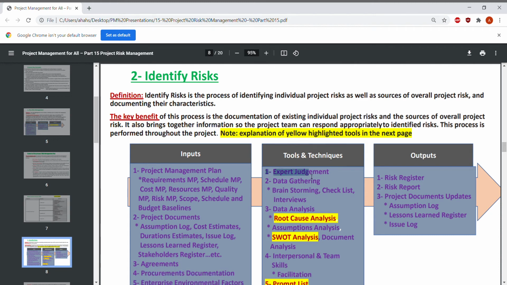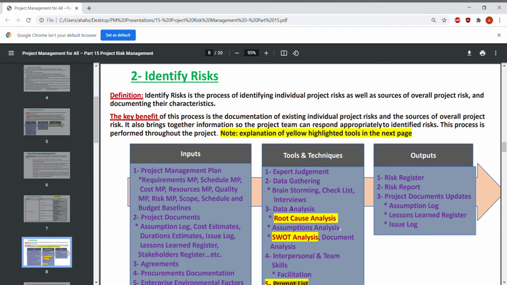The tools and techniques that are used here are the expert judgment, data gathering, which could include brainstorming, checklist, and interviews. And the third tool is the data analysis, which includes root cause analysis, assumptions analysis, SWOT analysis, and documents analysis, and interpersonal and team skills, which include facilitation and prompt list.